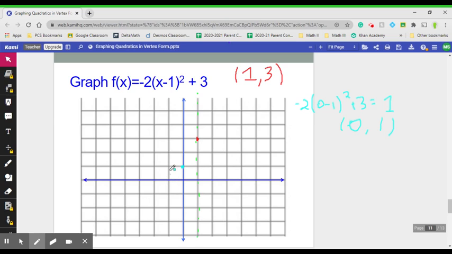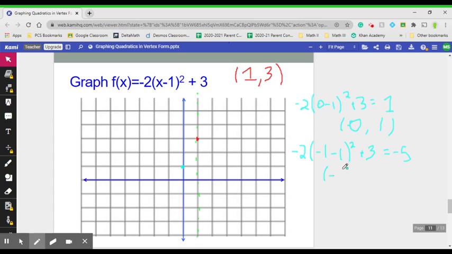And we're going to try -1 for our next x value that we're going to find a point for. So we have -1 minus 1 squared plus 3. So that'd be -2 in the parentheses squared, which is 4. 4 times -2 is -8. -8 plus 3 is equal to -5.